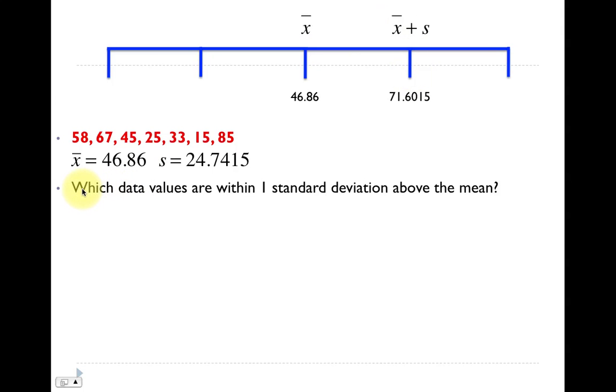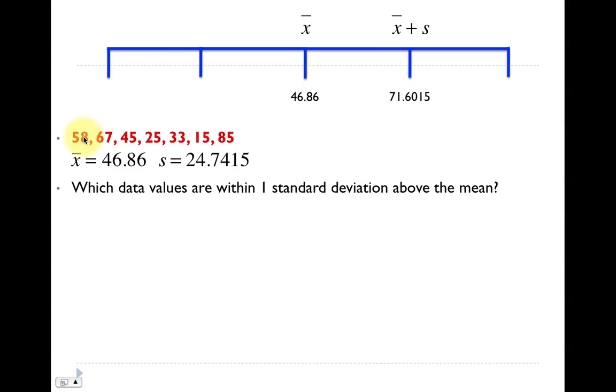The question that you're asked, which data values are within one standard deviation above the mean, asks you which of your data values fall between 46.86 and 71.6015. So you look at your data values and you take note of which of them fall between these two numbers.